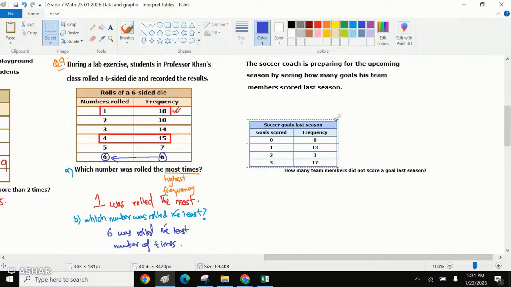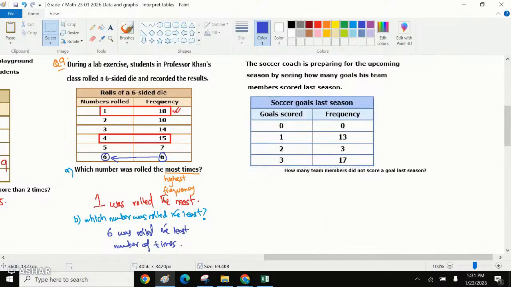Okay, they're doing the stats. So they want to see how many team members did not score a goal last season. This would be our question number 10. What we are seeing over here is goals scored, and this was the frequency, right?